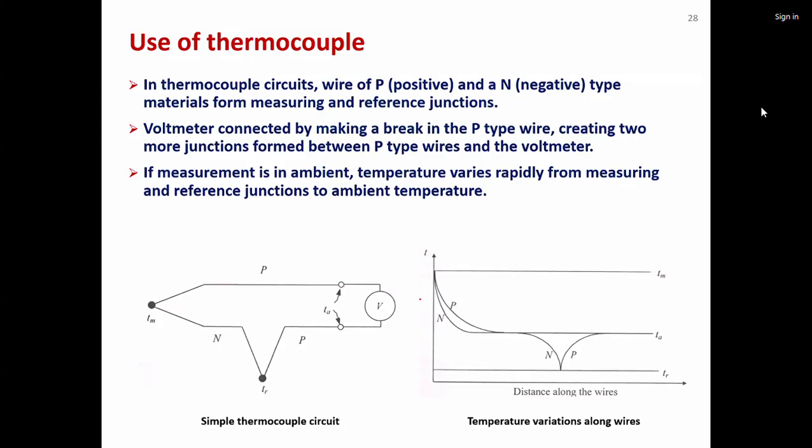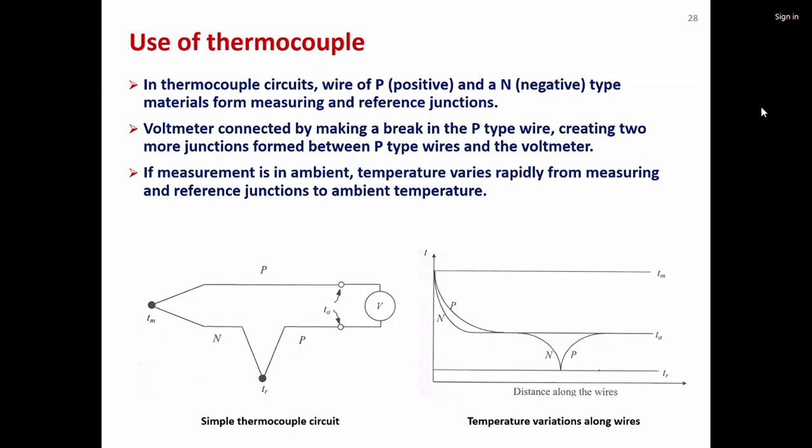You can see that the temperature along this P-type from here to the voltmeter would reduce something like this. And then from here to here, the temperature will be constant. And from here to here, the temperature will again reduce and reach the cold junction temperature.